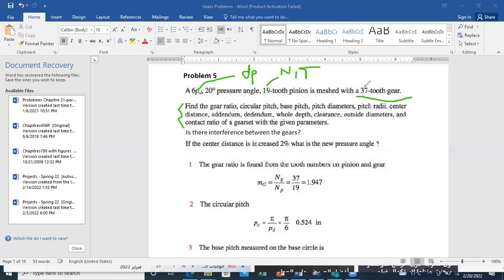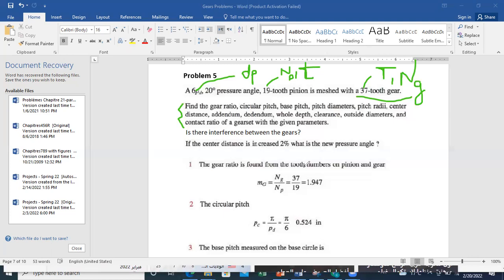So this is big T, sometimes they use big T, small t. For the pinions they use small t, for the big gears they use big T, or if you want, you can also use big N for the gear and small n for the pinion, okay? This is another way also to have your presentations.